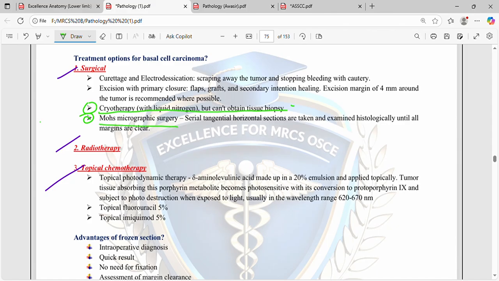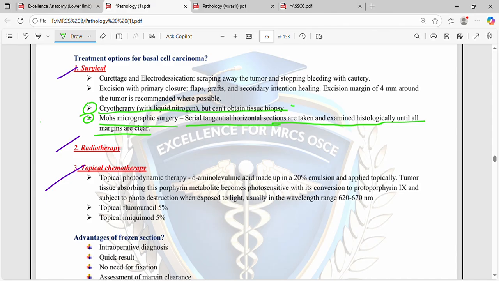Mohs microsurgery: serial tangential horizontal sections are taken and examined histologically until margins are clear. So this is a gold standard approach for melanoma, BCC, or squamous cell carcinoma. Mohs microsurgery has some specific indications. In every case we do not do this because it is expensive.